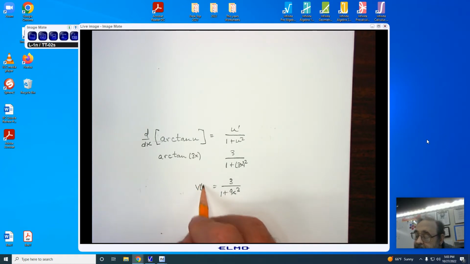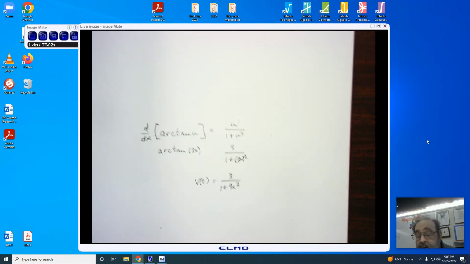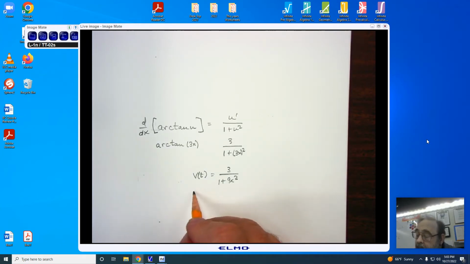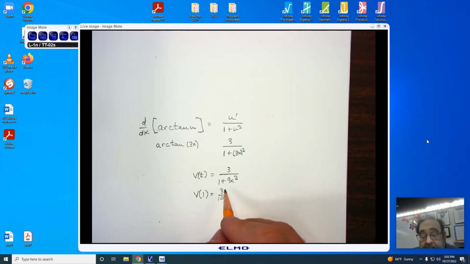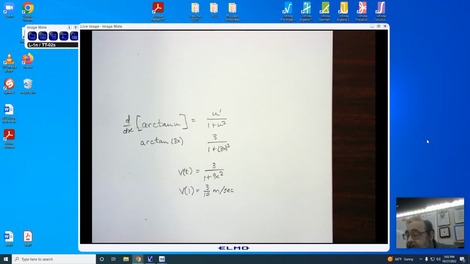This is our velocity, and if we went to question B, our velocity at 1, plug in 1, you get 3/10. This would then be in meters per second. Don't forget your units, please.